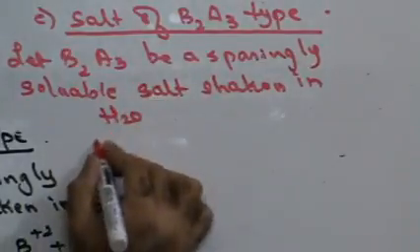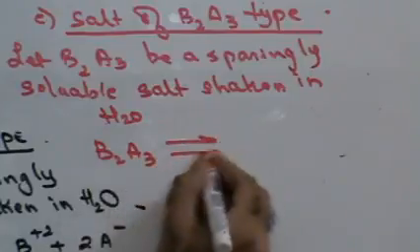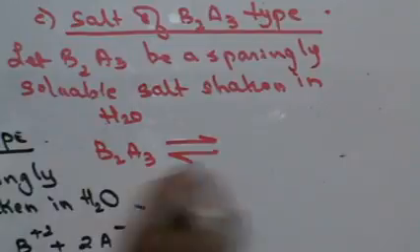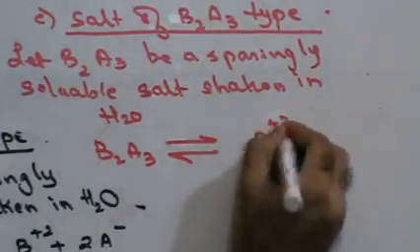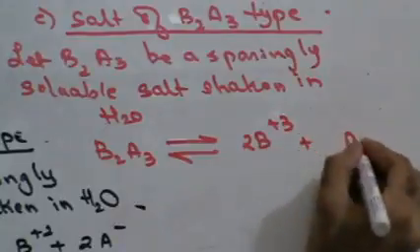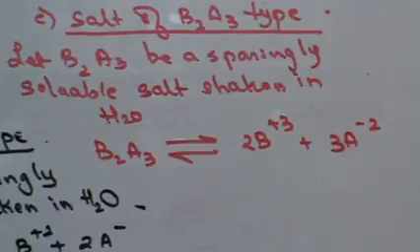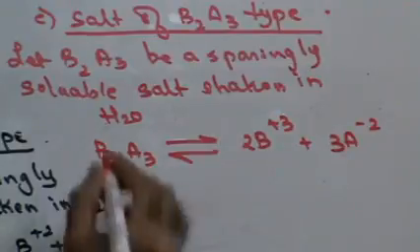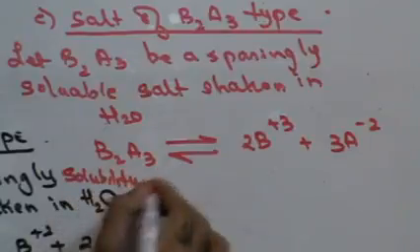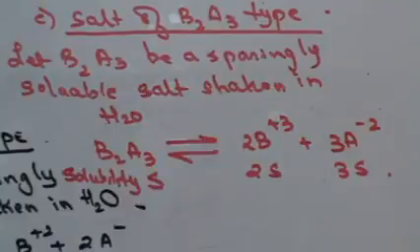So B2A3 is going to give you B, whose valency will be plus 3, and there will be 2 of these, plus A, which is going to be minus 2, and there will be 3 of these. So if the solubility of this is S, this will be 2S and this will be 3S.